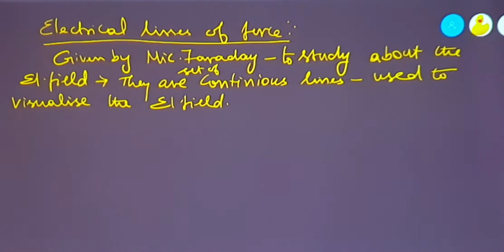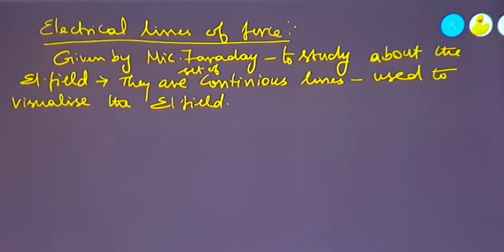Similarly, in order to visualize the strength of the electrical field, Michael Faraday represented it with the help of some lines, and those lines are called electrical lines of force. Just to see the board, the electrical lines of force were given by Michael Faraday.